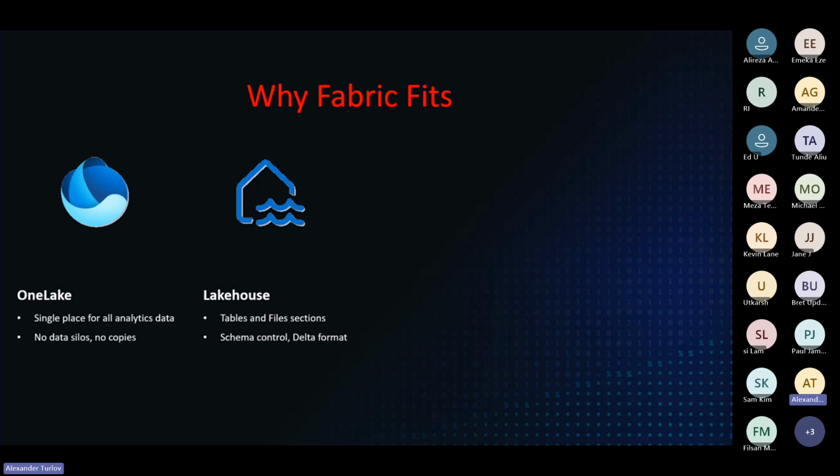The underlying data structure everywhere in Fabric is unified, and it's called the Delta format. Each and every workload, each and every data storage type that exists in Fabric uses the Delta format underneath the scenes.